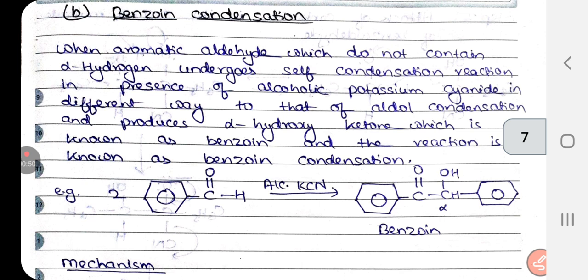So 2 molecules of aromatic aldehydes has to be considered which do not possess any alpha hydrogen atom, and when they interact with alcoholic potassium cyanide, alpha hydroxy diphenyl ketone is obtained, which is known as benzoin, and the reaction is known as benzoin condensation reaction.